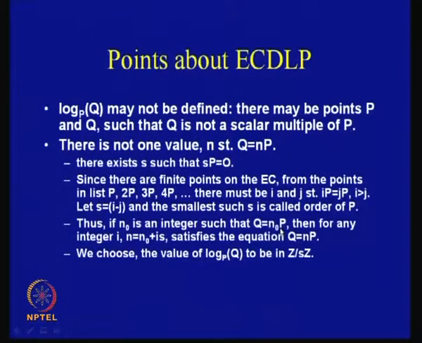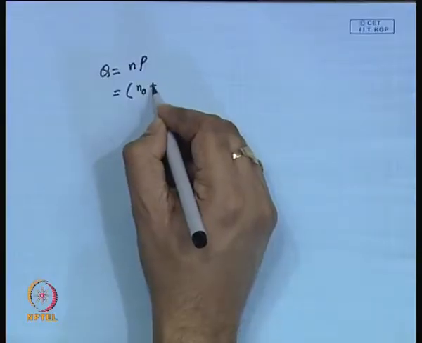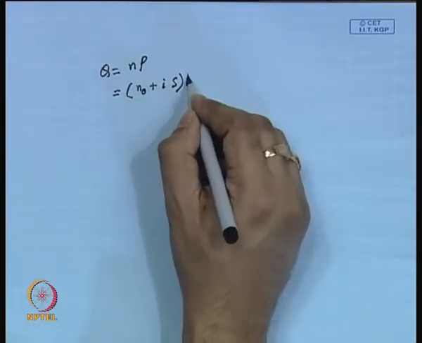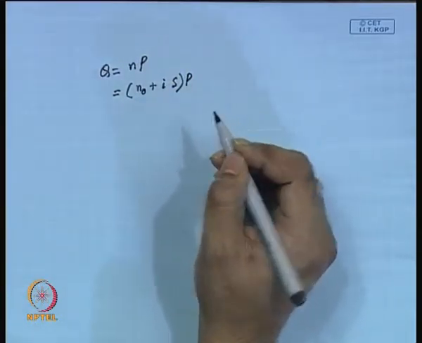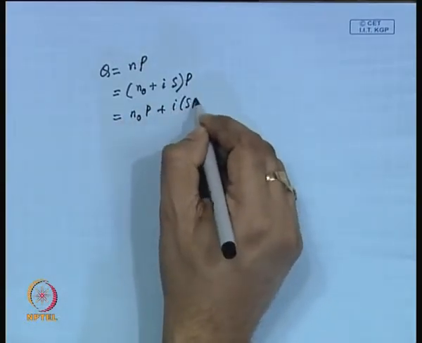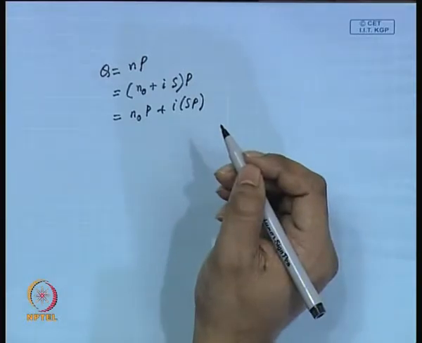Then you can choose any n by adding to n0 a multiple i times s, and this will also satisfy Q equal to nP, because n is n0 plus i times s, where s is the order of the point P. So that is equal to n0 P plus i times sP, and what is sP? sP is O, right.